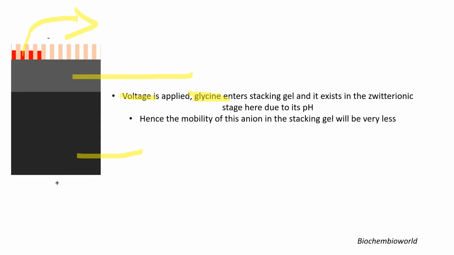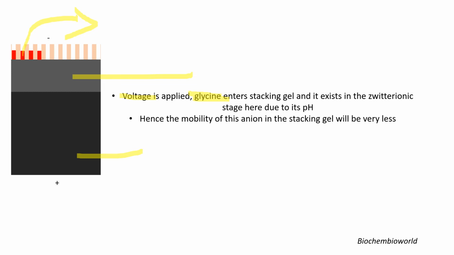Let me tell you that the isoelectric point of glycine is 6.7, and hence due to this overlapping of the pH, the glycine molecules now predominantly exist in the zwitterionic state.